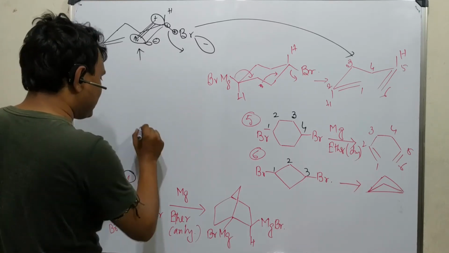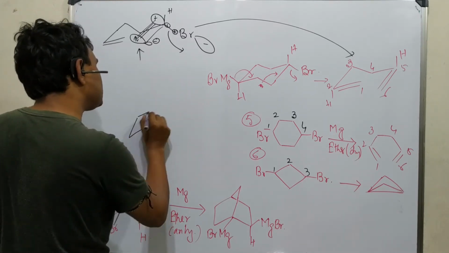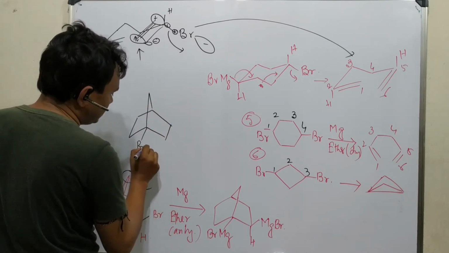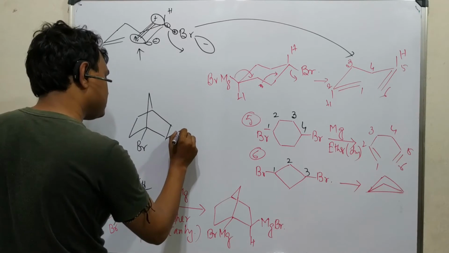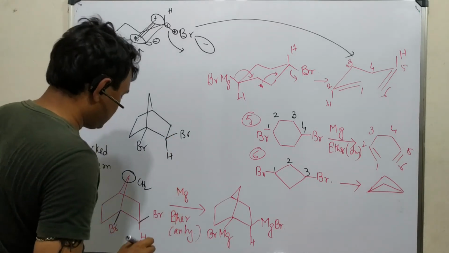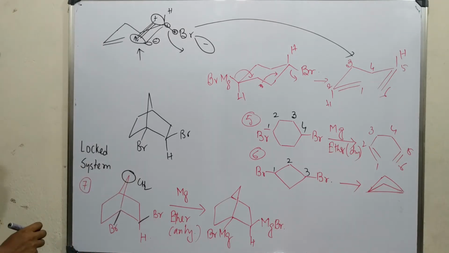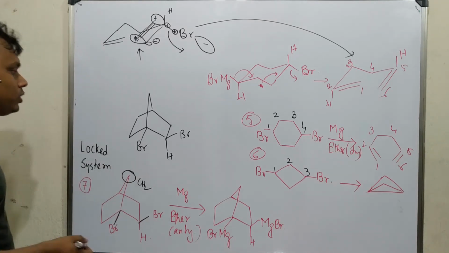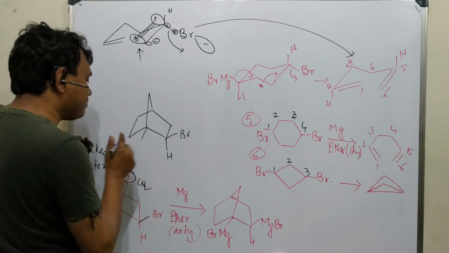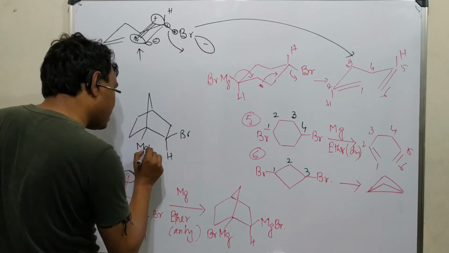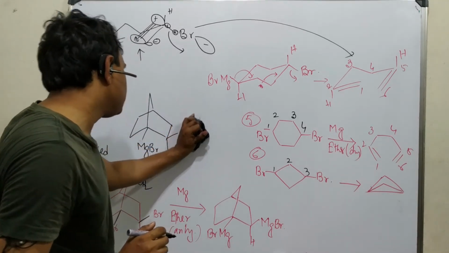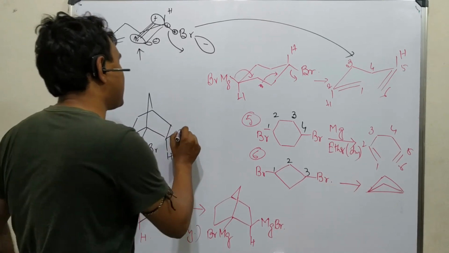That's why, for example, let's consider one Grignard is formed, here with hydrogen. These are not properly oriented because of this locked system. That's why the corresponding MgBr cannot react with this, and if it cannot react, it will prepare another Grignard.